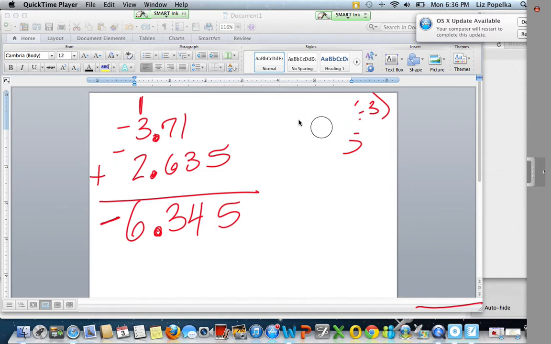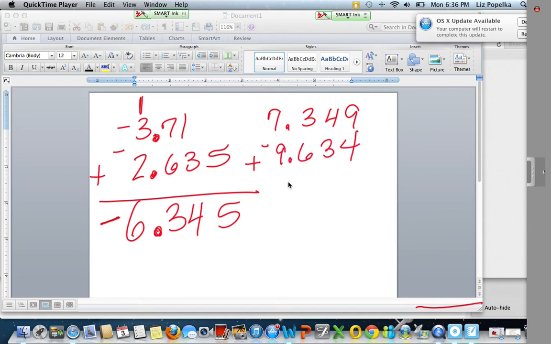Now for another quick one. So if they're the same sign, you just add them together. So let's go ahead and do a positive 7.349. And I'm going to add a negative 9.634.